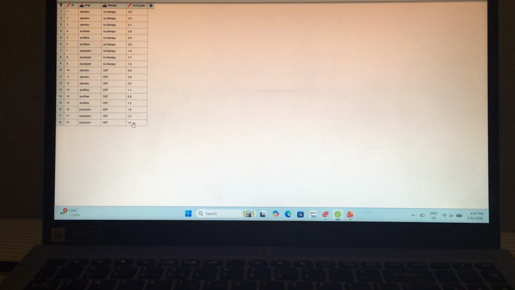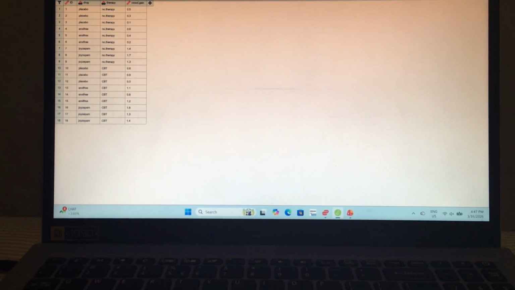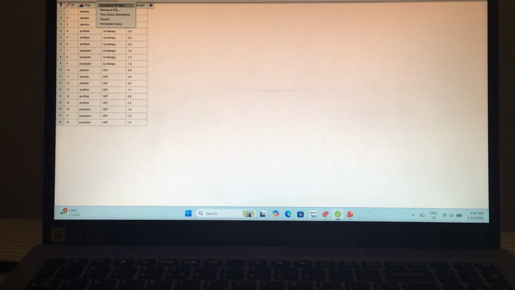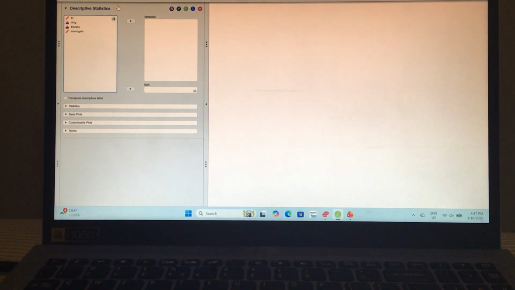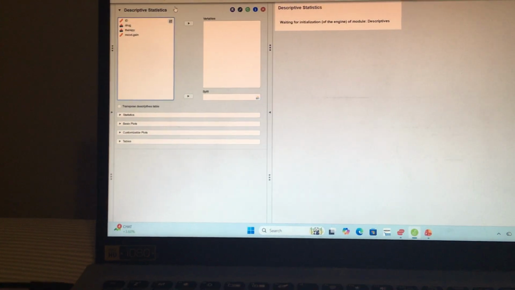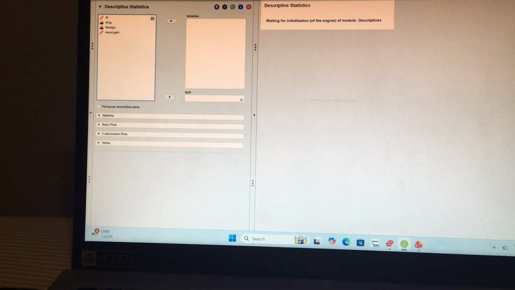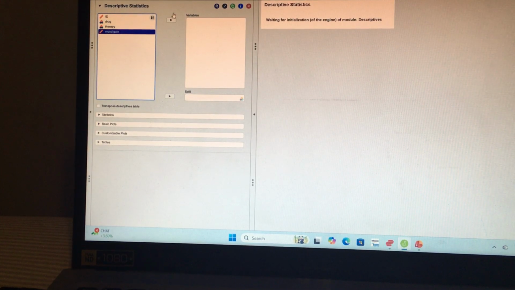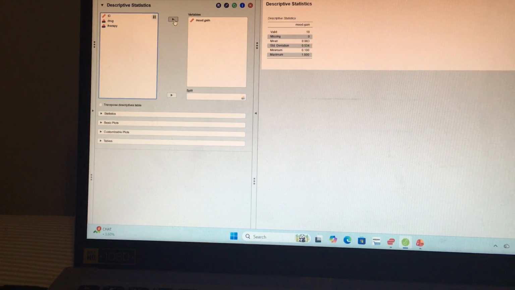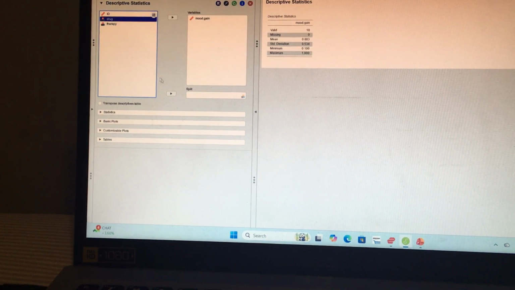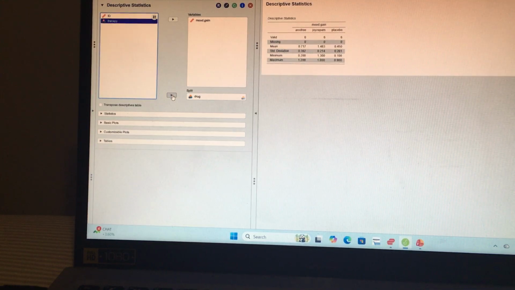So here we go. So we're going to open up descriptives. Okay. We're going to move mood gain to the variables box. We're going to move drug to the split. Okay, go. We're going to get some descriptive statistics.